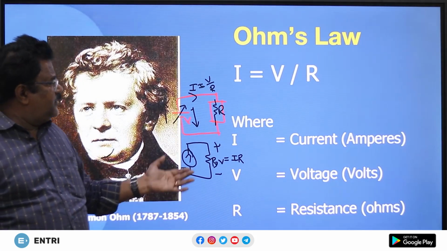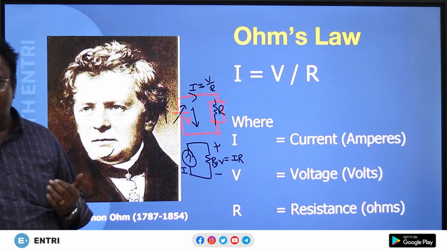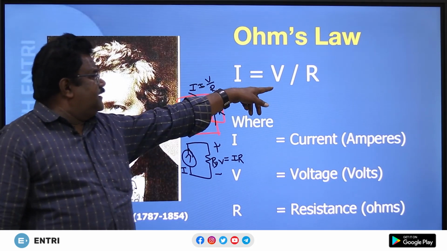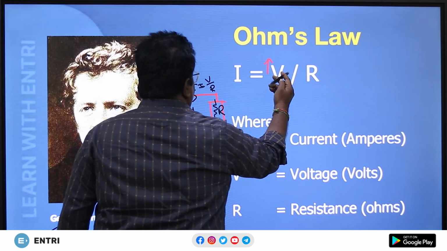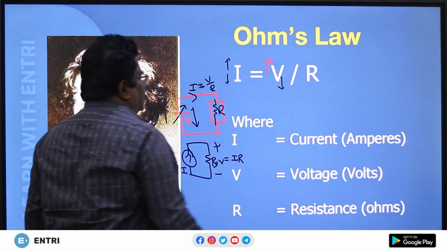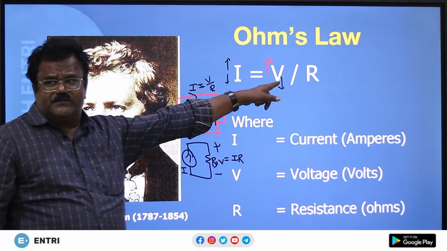So I can have a number of cells in series to get the resultant voltage, whatever voltage I want. As I increase or decrease the voltage, proportionately the current will also increase or decrease. So the current is proportional to the voltage.